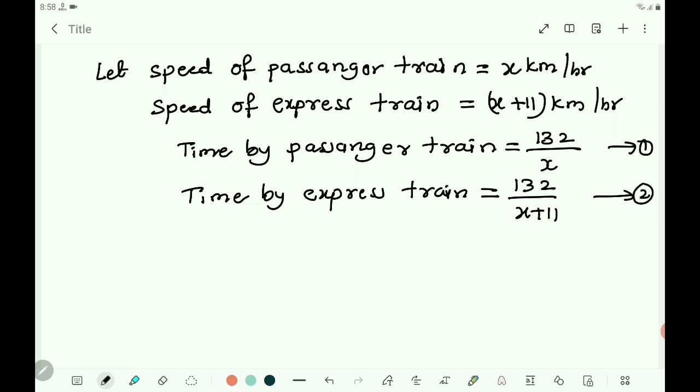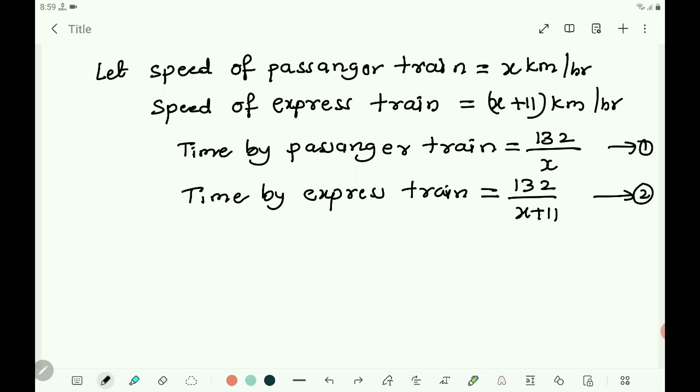And the time taken by passenger train is 1 hour more than the time taken by the express train. Means the time taken by the express train is 1 hour less than the time taken by the passenger train. Means second time is 1 hour less than the first time. As the speed increases, time taken decreases.